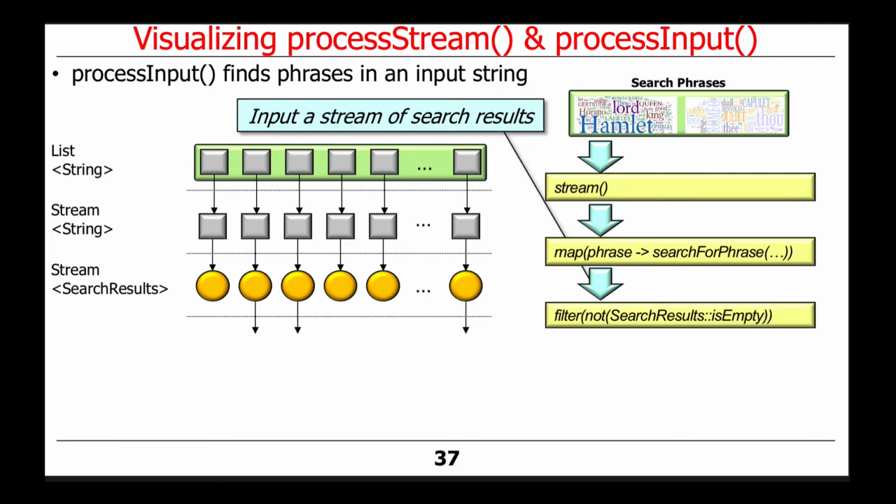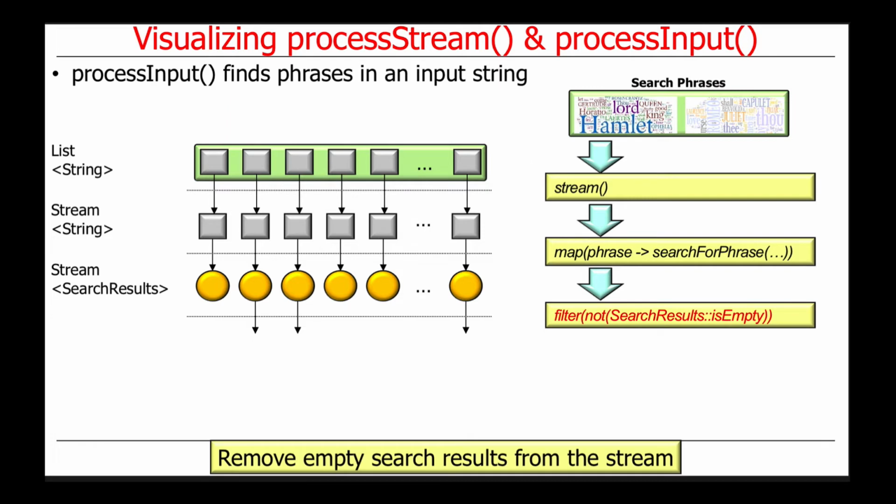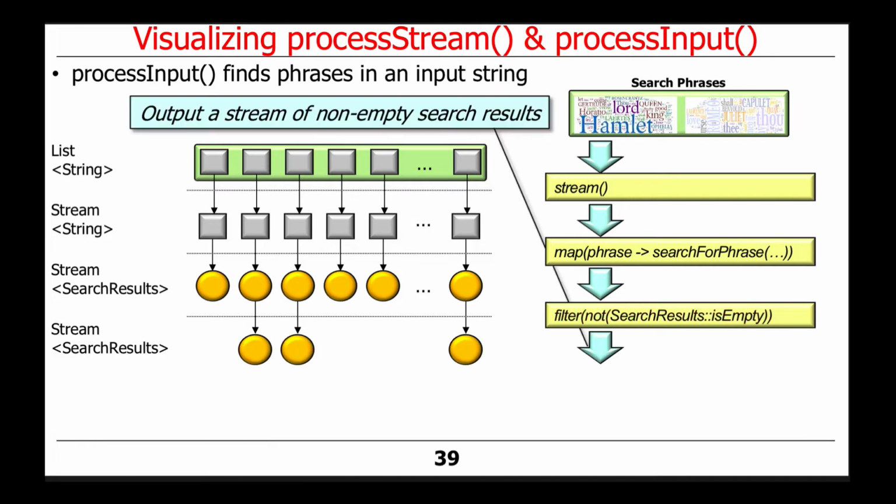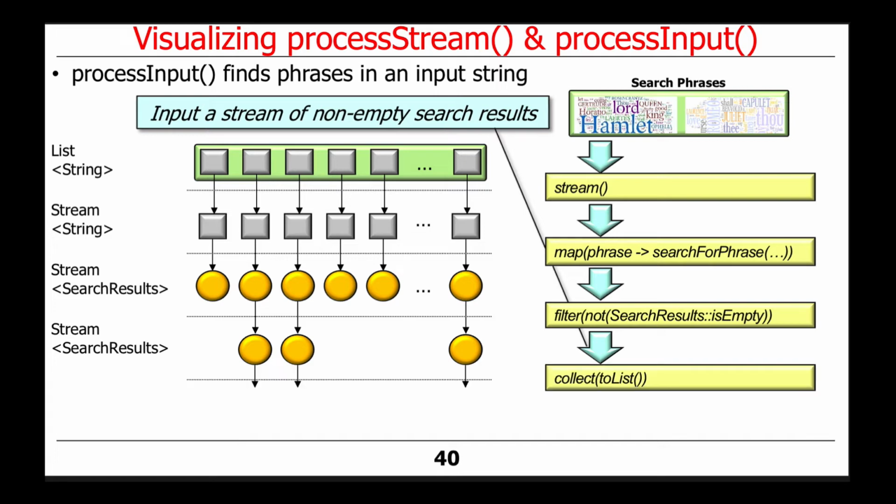Some of the things that we're looking up may actually be empty. So in that case, we filter out the results by getting rid of anything that's empty. That removes empty search results from the stream, and we end up with a stream of search results that only contain the ones that actually match.